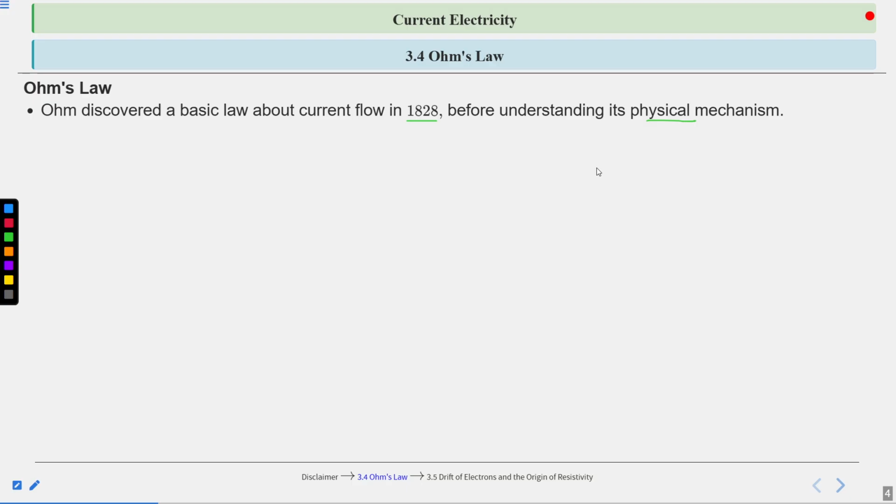It was assumed that current was due to the flow of positive charges, but later it became clear that current flow is due to electrons. Before that mechanism was known, Ohm discovered a law that is known as Ohm's law.